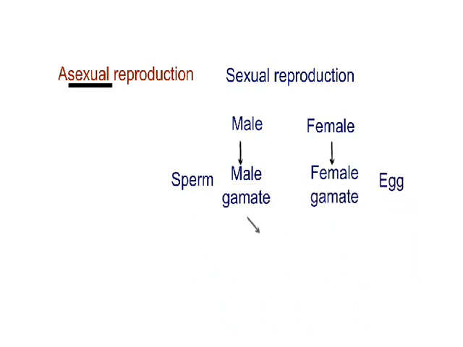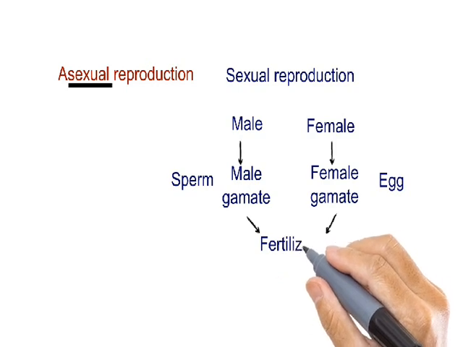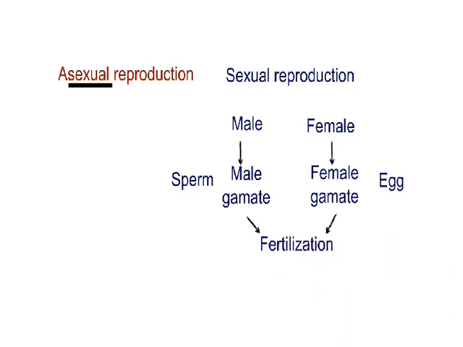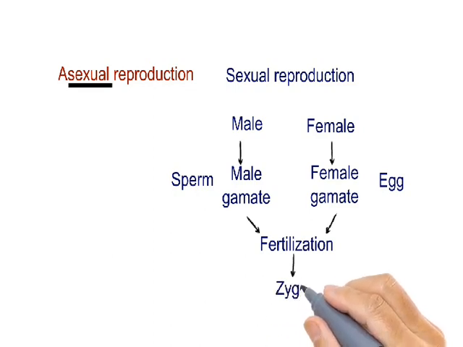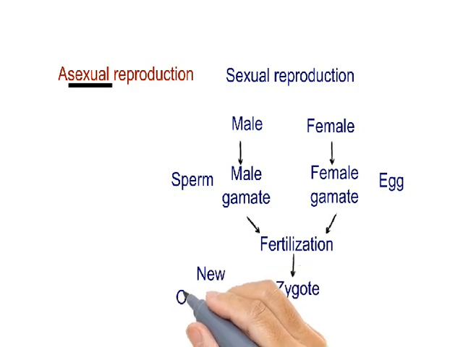And when these two gametes, the male and female gamete, fuse with each other, the process is called fertilization, the fusion of male gamete and female gamete. After fertilization, a single cell which is formed is called a zygote, and this zygote ultimately develops into the new organism.